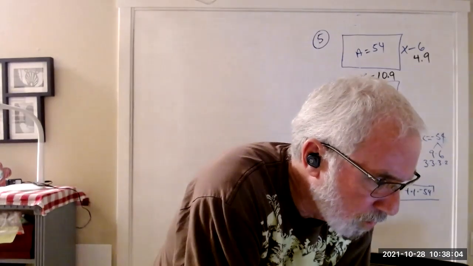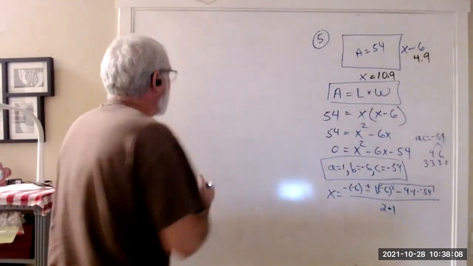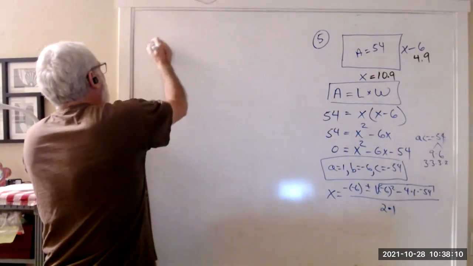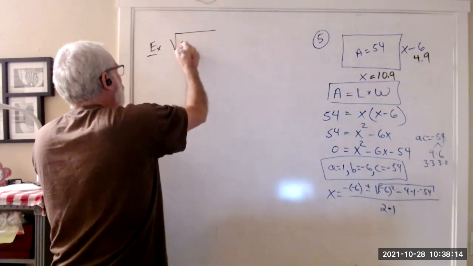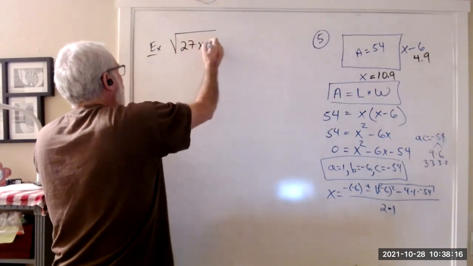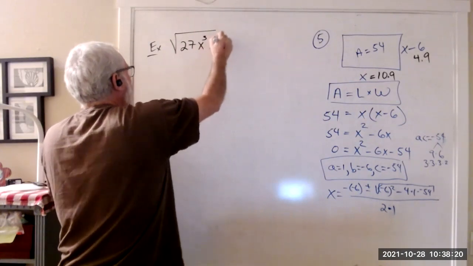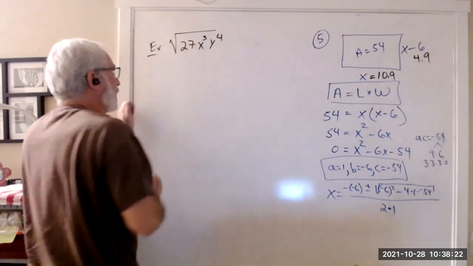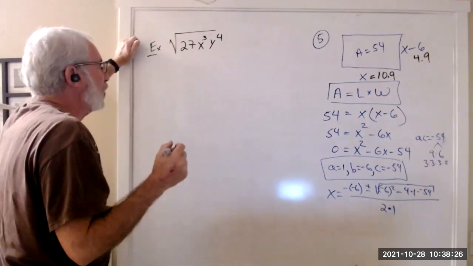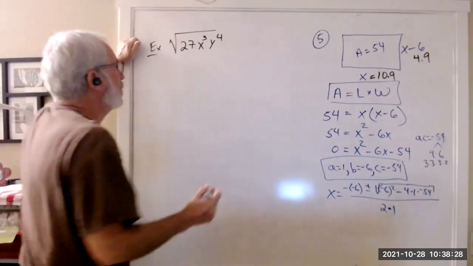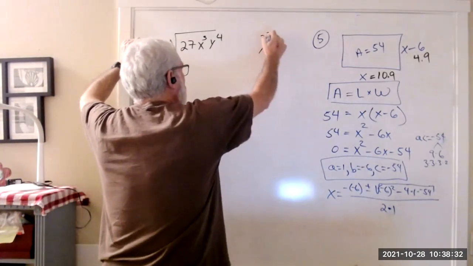having trouble. Well, okay. What I think I hear you saying is you want to know how to simplify something like the square root of 27x to the third, y to the fourth? Yes. Okay. So what we do is we go off to the side and take 27.